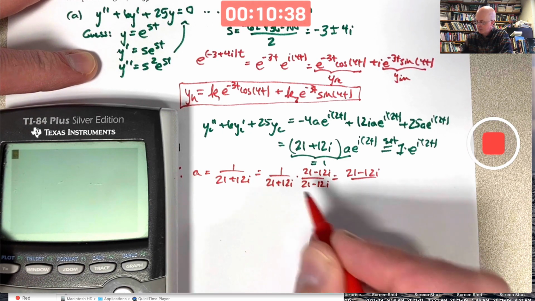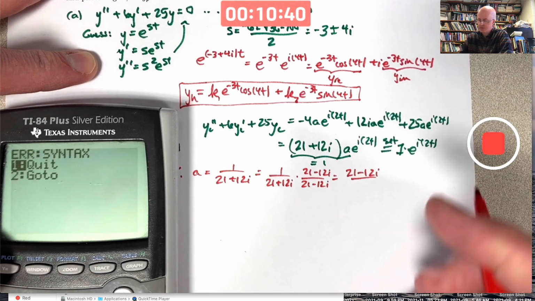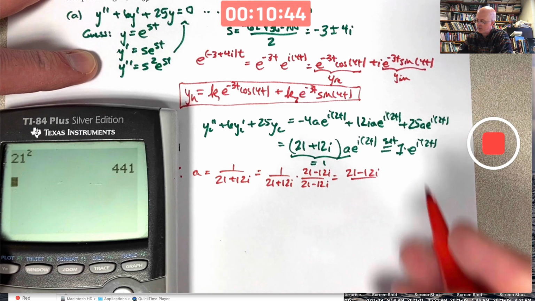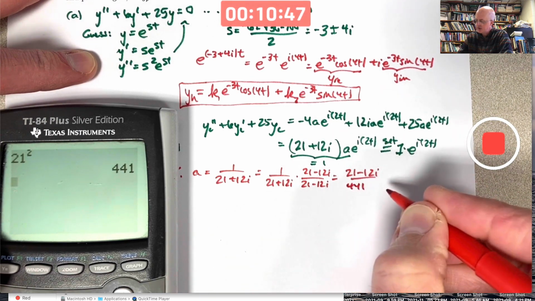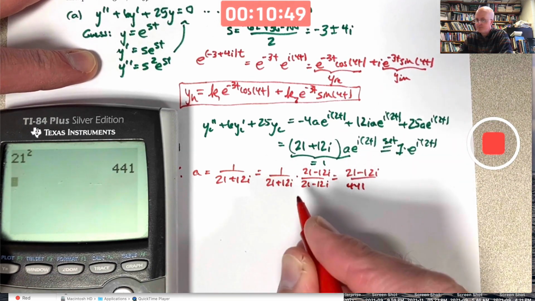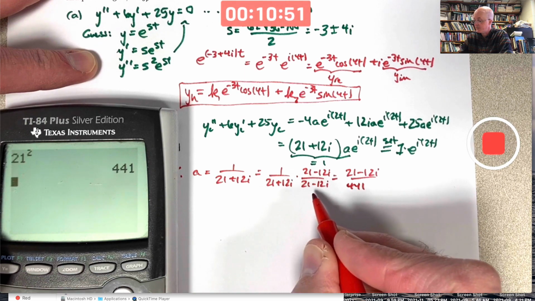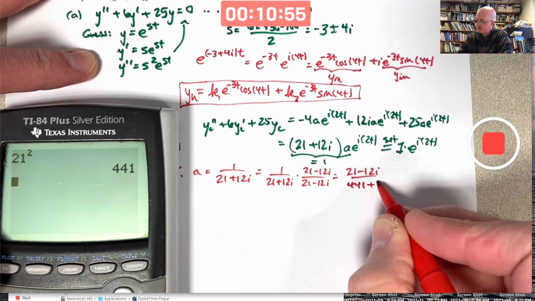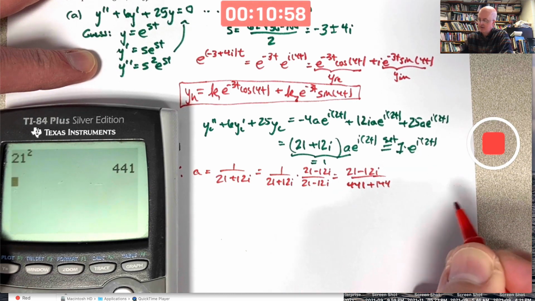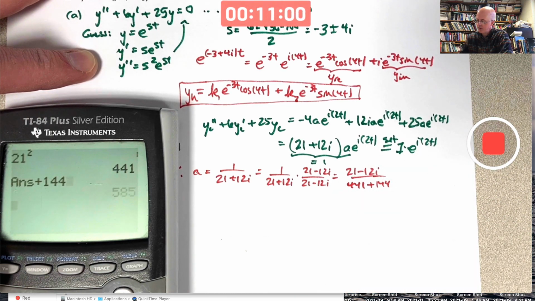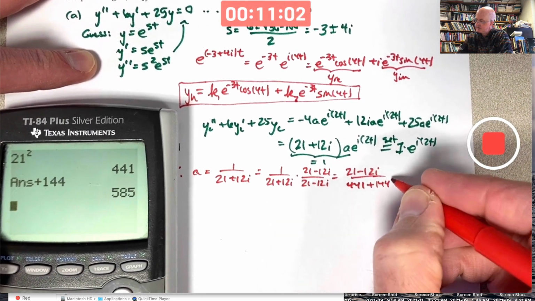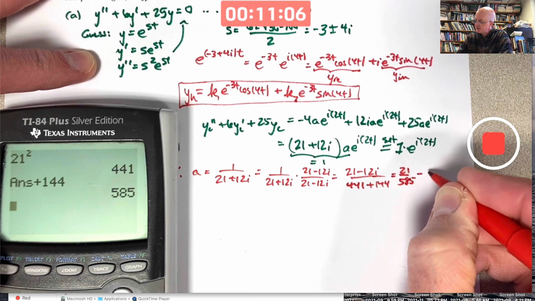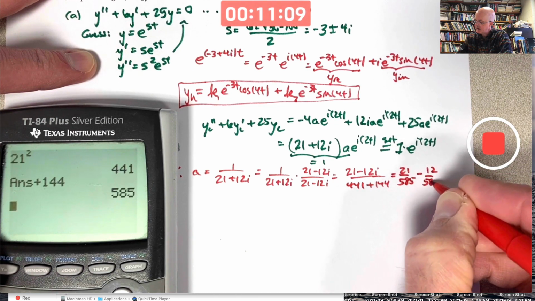So you're left with 21 squared, 441, plus 0, and then minus 12 squared times i squared, minus 144 i squared is plus 144. 441 plus 144 is 585. So this becomes 21 over 585 minus 12 over 585 i.